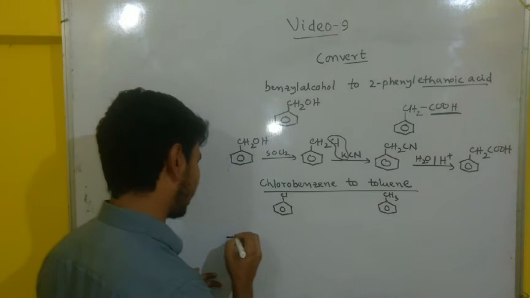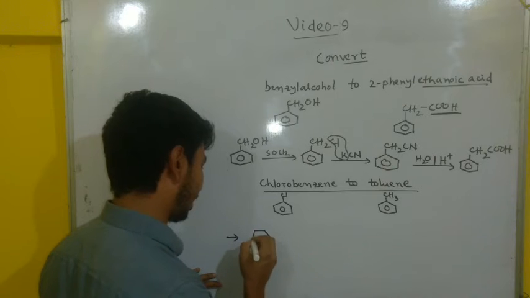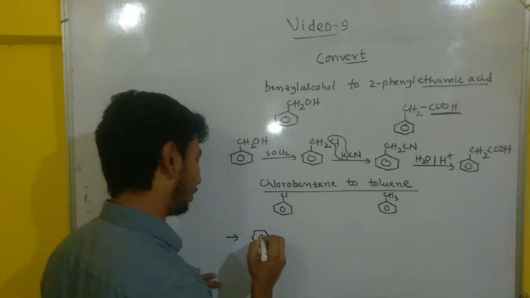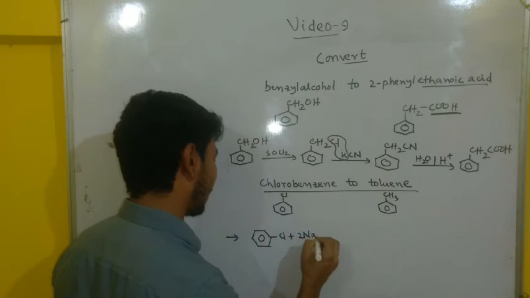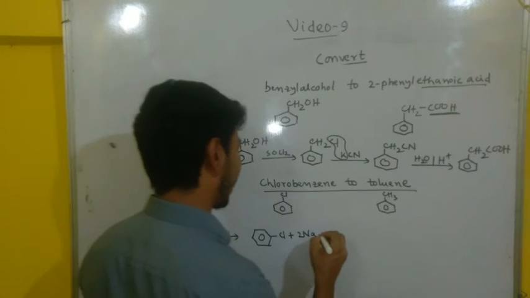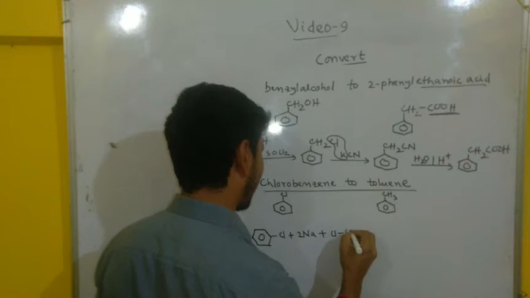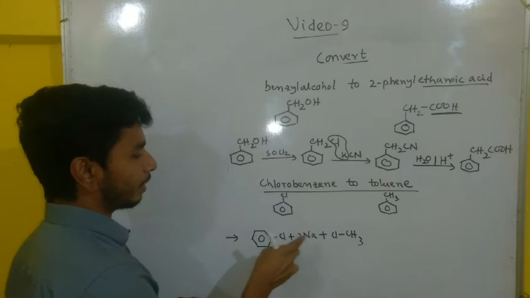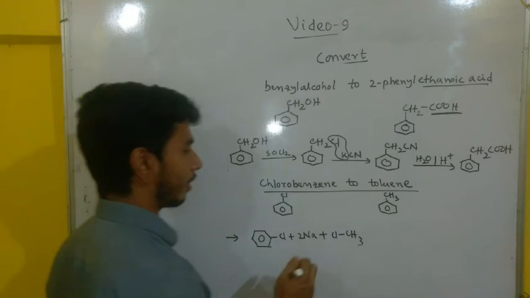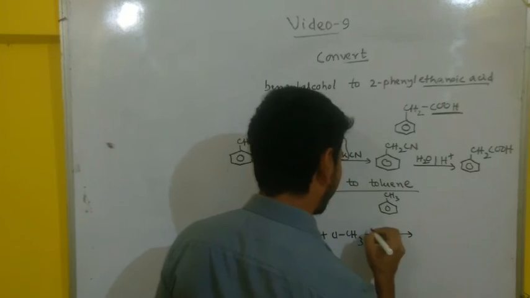So now let us see the reaction. Chlorobenzene upon treatment with metallic sodium and alkyl chloride CH3Cl, in presence of dry ether.